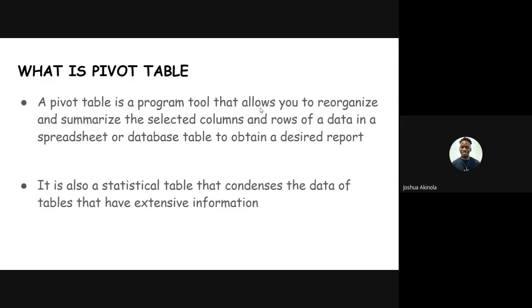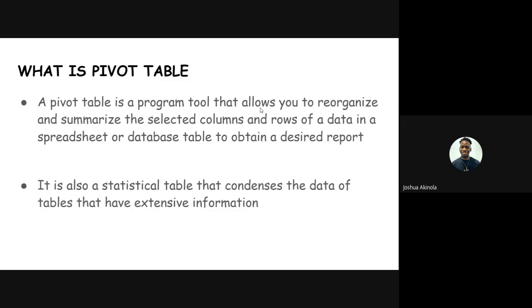There's a particular insight you want to get from your data set, and you can only get that by selecting the rows and columns you want to use. So it helps us to filter down to the core thing you want to actually achieve in your data set.